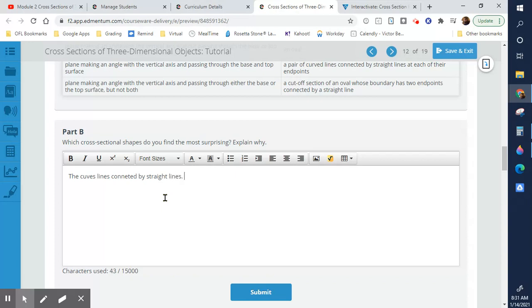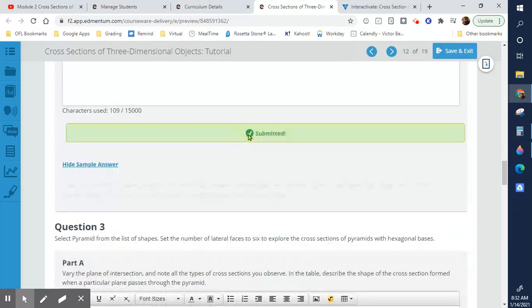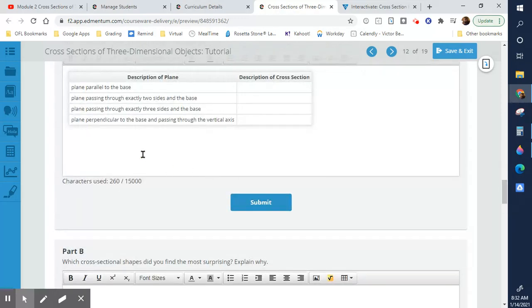I find this surprising because I do not understand why we did it. It doesn't serve much of a purpose as the other ones. They're like, oh, a rectangle, oh, a circle, or an oval. I don't know why we're doing these. That's why I find it surprising. Not so much that the shape is surprising, so much that we had to do it, I find surprising.